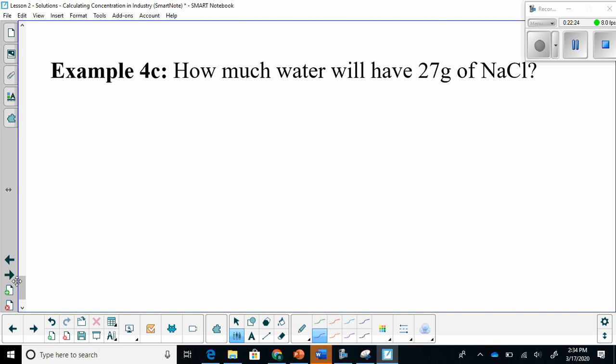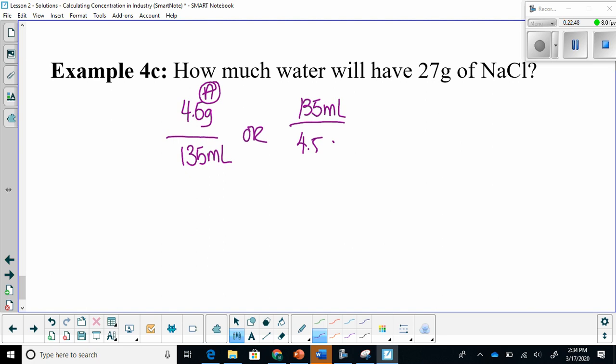It's asking how much water will be needed if there is 27 grams of NaCl. Same thing, we have our two ratios: 4.5 grams over 135 milliliters, A, or 135 milliliters over 4.5 grams.